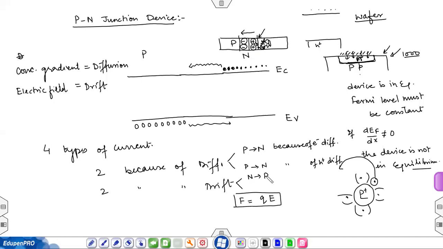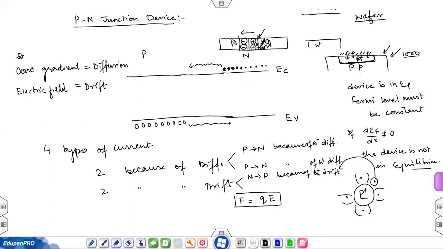So minority charge carriers, which are the holes in N side, they will be swept by the electric field towards P side, and they will create a current N to P because of hole drift. यहाँ पे हम लिख सकते हैं because of hole drift. Okay. What about the electrons which are minority charge carriers in the P side? That electron will be taken by the electric field in which direction?